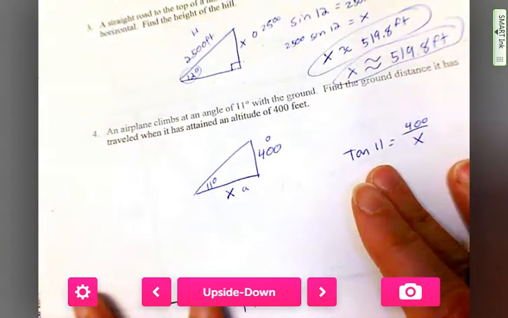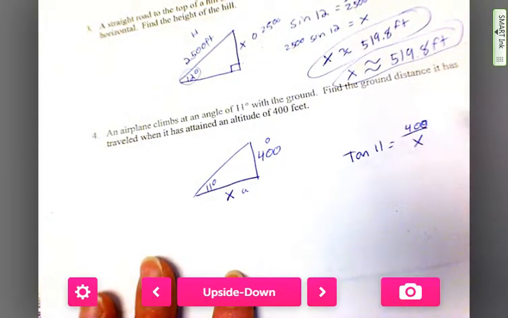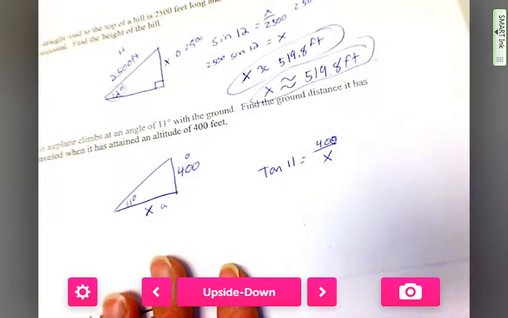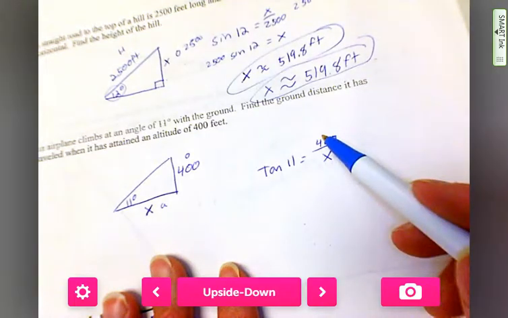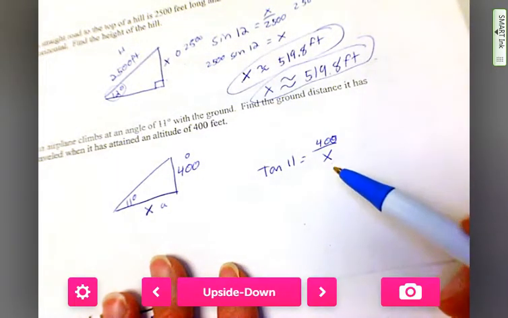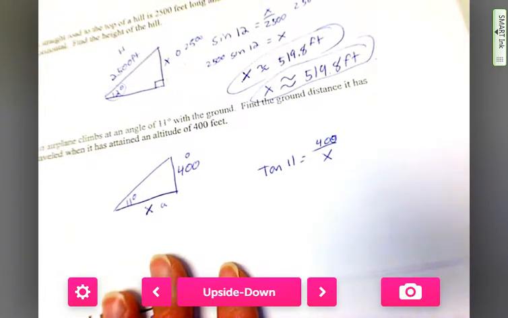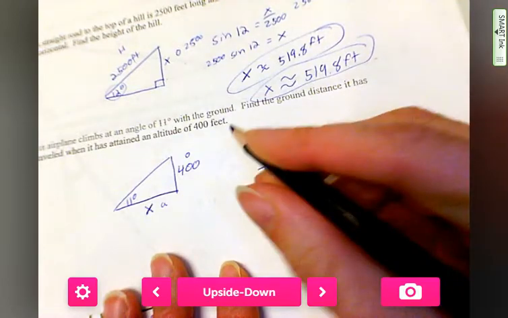Uh-oh, I have the x on the bottom. What do I do? Do you guys remember from yesterday? What do you do when we have an x on the bottom? So 400 divided by x, what's the opposite of division? Multiplication. So I'm going to multiply both sides by x.